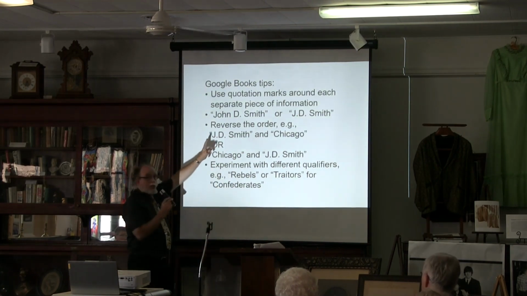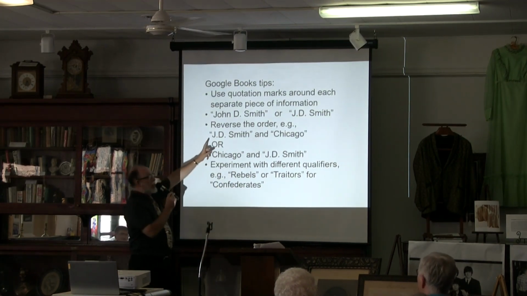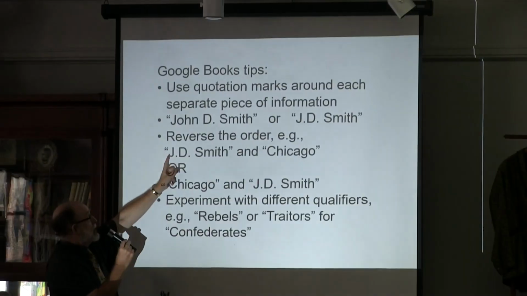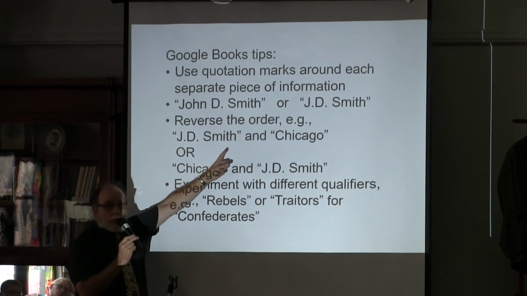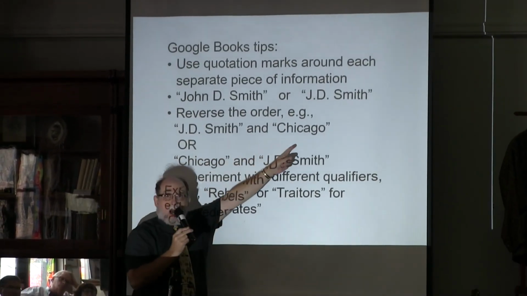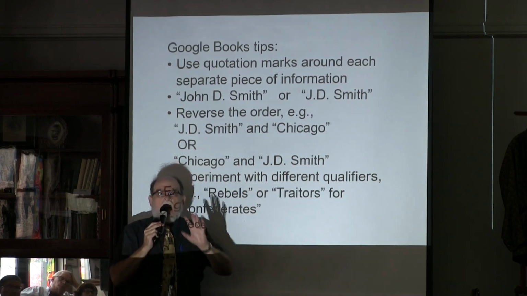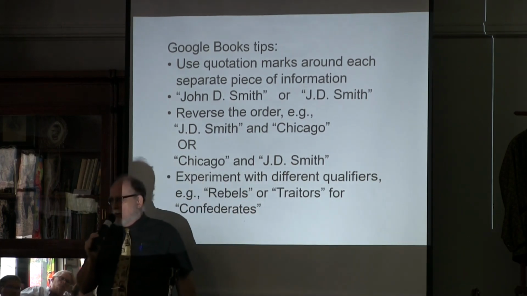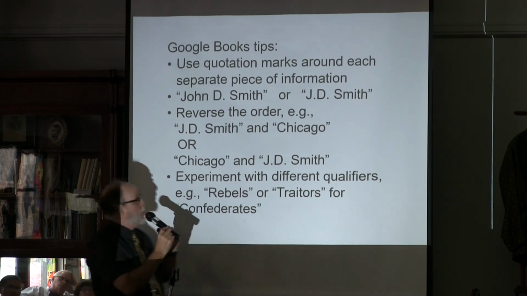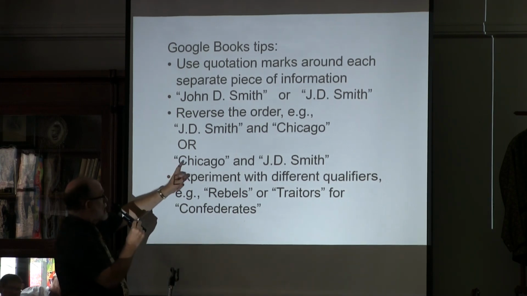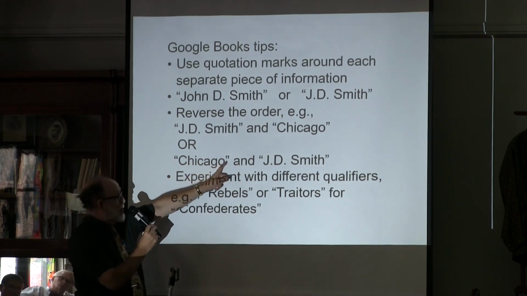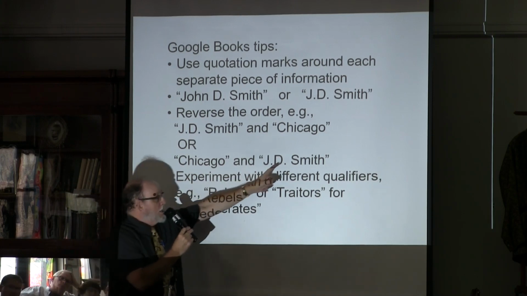Then you could reverse the order. Let's say you type in "J.D. Smith" and "Chicago." You're not getting anything useful. Reverse the order. You could try "Chicago" and "J.D. Smith."